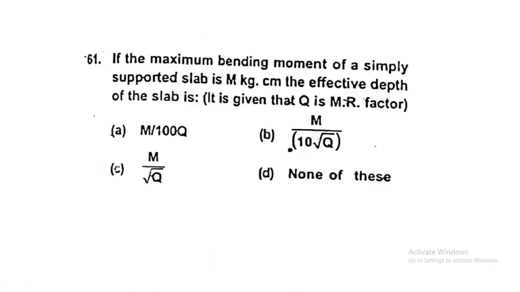Next question. If the maximum bending moment of a simply supported slab is M kg per centimeter, the effective depth of the slab is? Here Q is the moment resistance factor. Let me tell you how to do it.